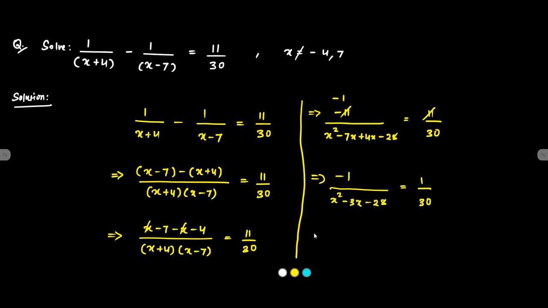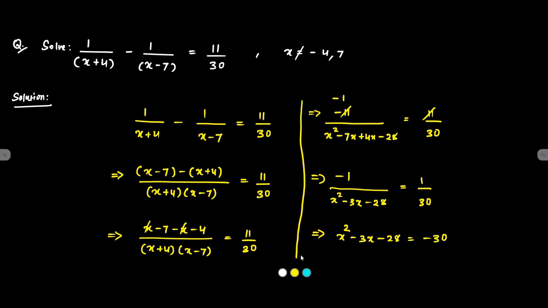Now cross multiplication implies x square minus 3x minus 28 into 1 is equal to 30 into minus 1. That implies x square minus 3x minus 28 is equal to minus 30.